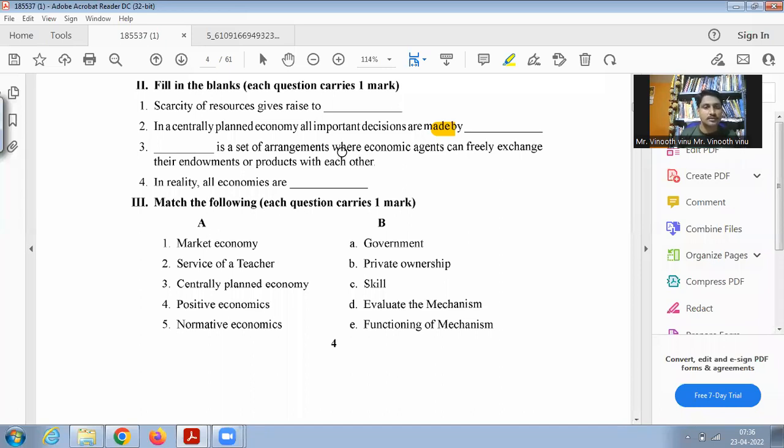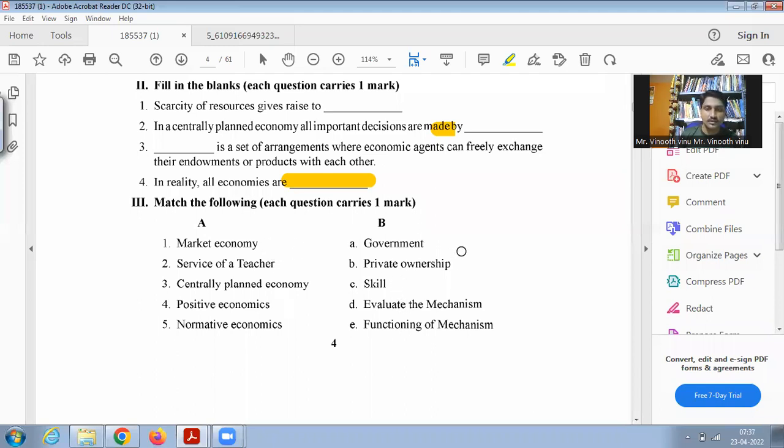With answer. Next, in reality, all economies are mixed. Answer is mixed economy. Okay, market economy.